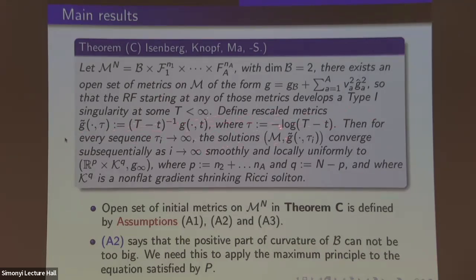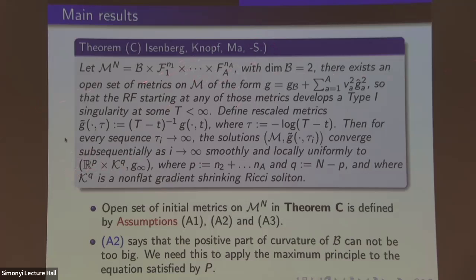And then we can show that for any sequence tau_i going to infinity, this basically converges subsequentially to R^P cross K^Q, where K^Q is a non-flat gradient shrinking Ricci soliton. So as before, all these factors F2 to Fa, when you blow up, will contribute to these flat factors here in R^P.